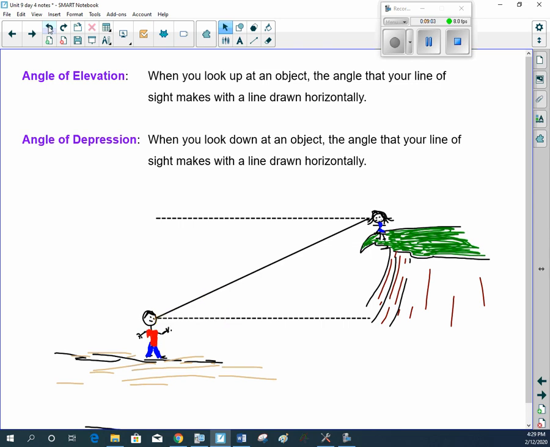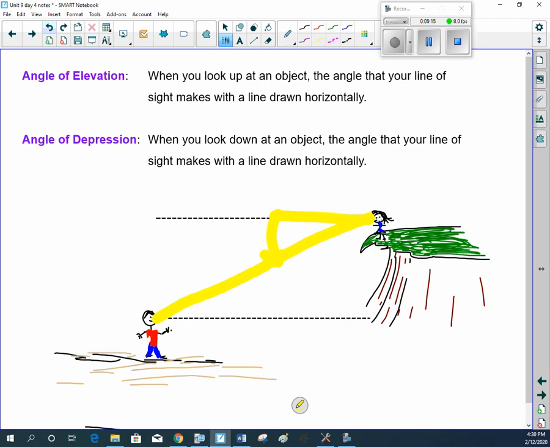So she looks out from a horizontal. Then she looks down to see the little boy. This is her line of sight. So the angle of depression is this angle up in here. So basically what happens is that an angle of elevation and an angle of depression are equal.